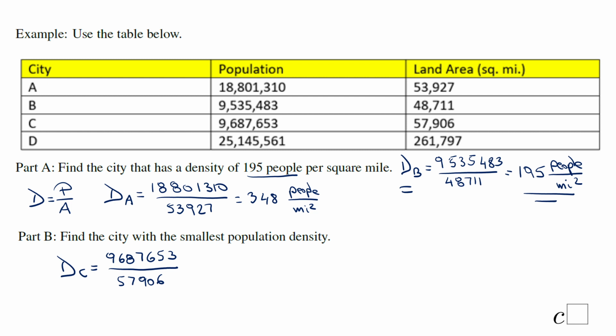Okay, so 9,687,653 divided by 57,906, I end up with 167 people per square mile.